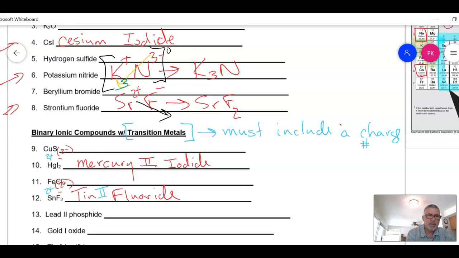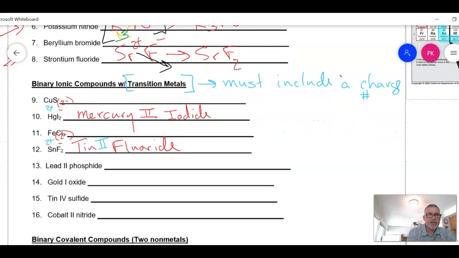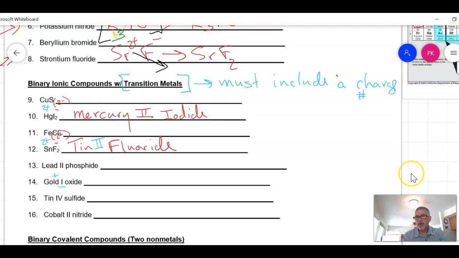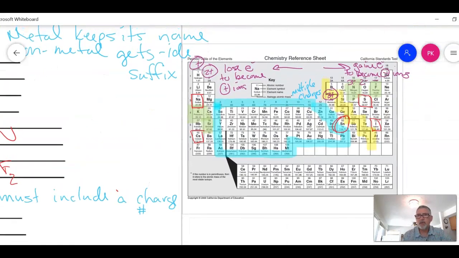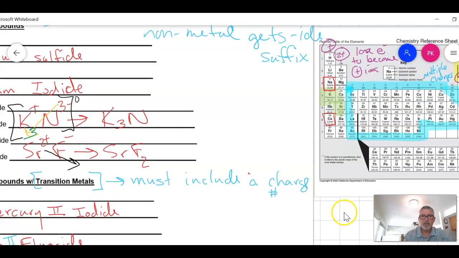Right. If we keep going down to gold oxide, so now we're just writing formulas. So remember that the charge number here tells you the charge. So if you come there and then we come find our oxygen, and our oxygen was right over here, it's in that 2 negative column because it needs 2 electrons.